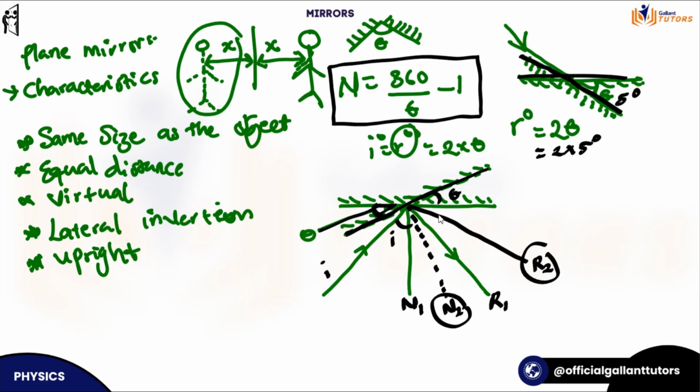From here to here is rotated through an angle, which is theta. This particular part is theta. So from this particular point to this point is theta, and that's the reason why they said the new reflected ray will now be rotated through 2 theta.